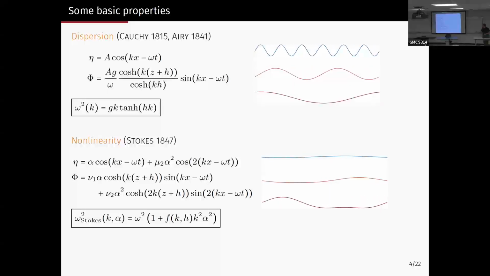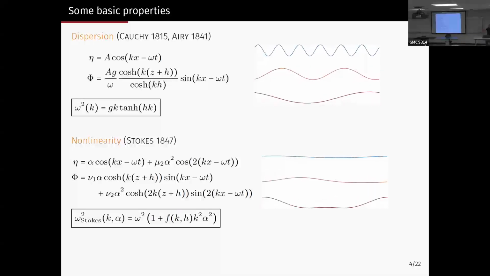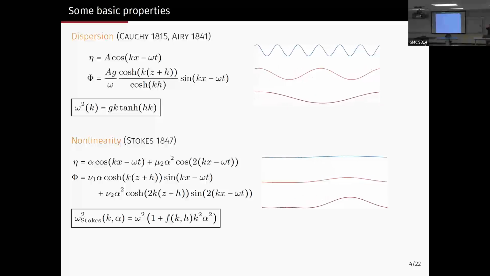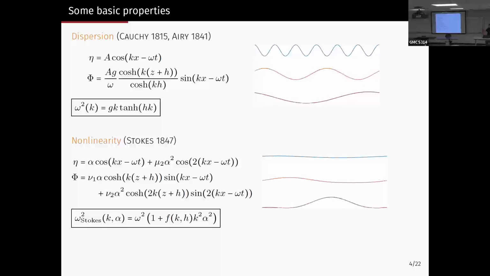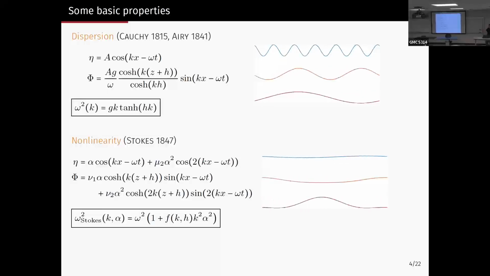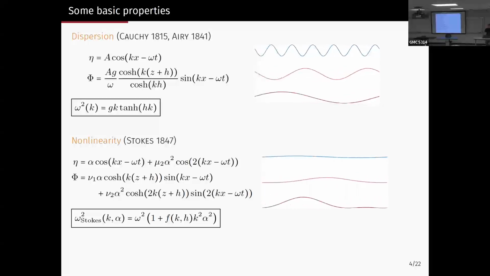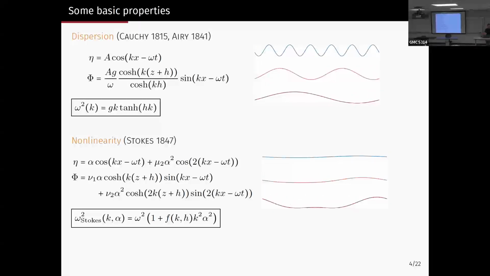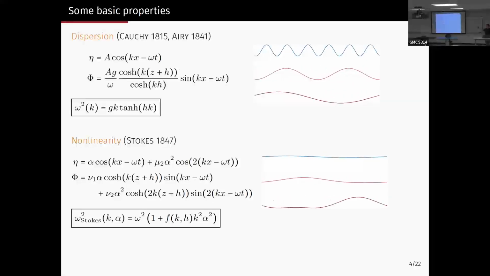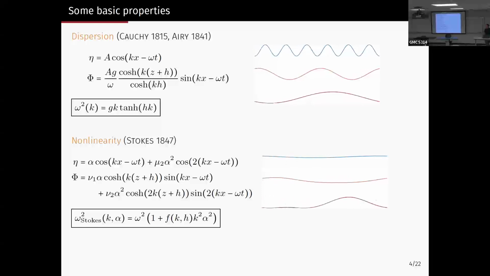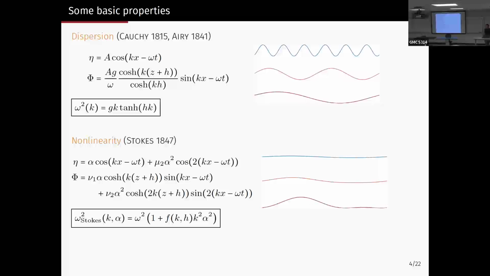When I say wave speed, it is equivalent to the frequency, right? Omega over k. You see that higher waves travel at different speeds. And we know in water waves and many other physical systems that when you have a nice balance between dispersion and nonlinearity, we get what we call solitary waves, that are nonlinear waves that propagate stably, and they are very persistent and difficult to destabilize in general.